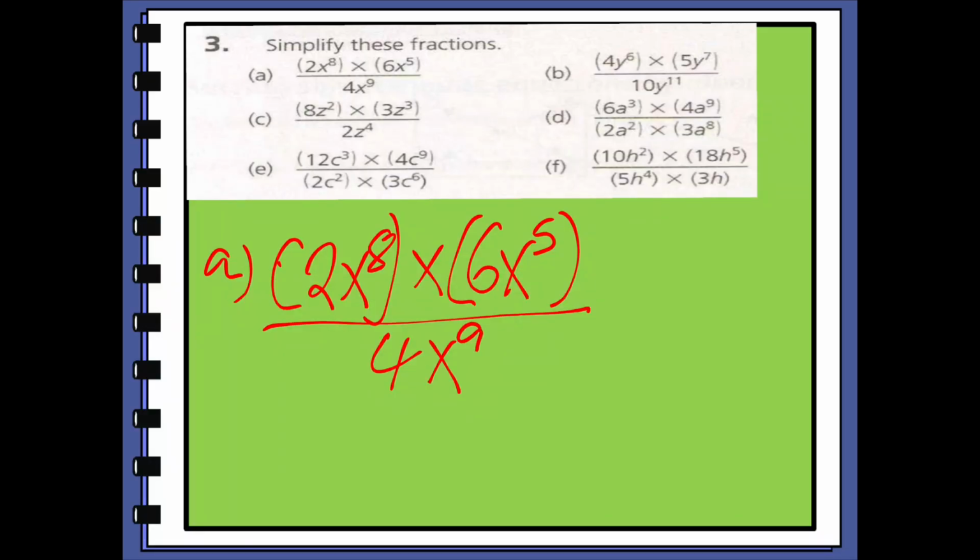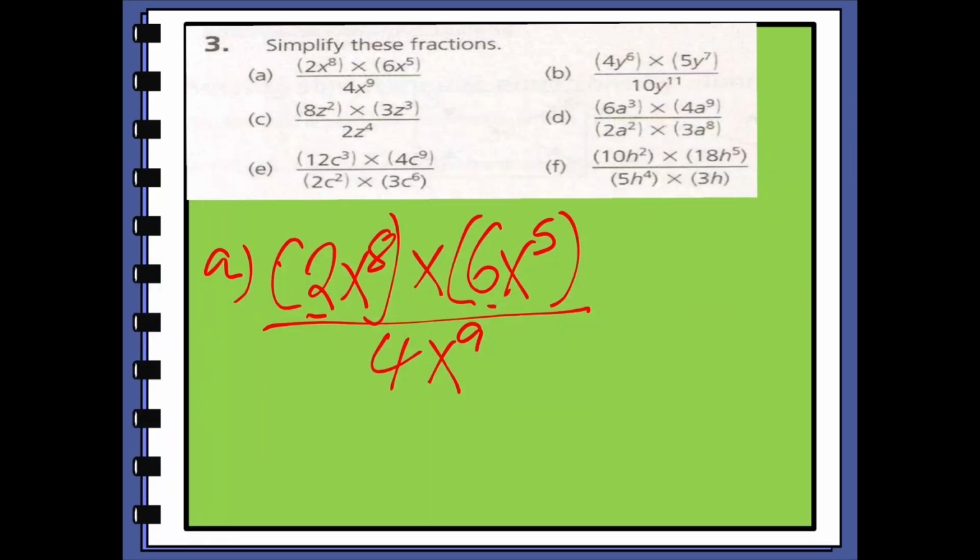Okay, so we are not just going to deal with the powers because the base is different. Here we have a 2, here we have a 6, so we can't maintain the base.